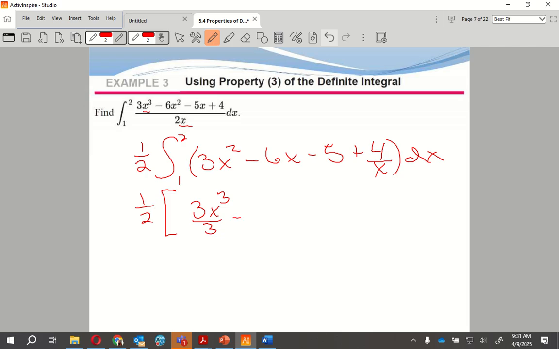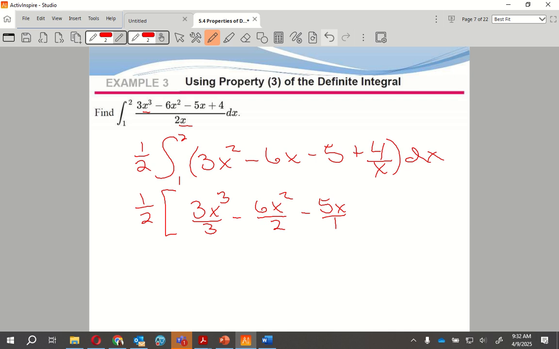Minus 6x to the second, divided by 2. Next one is going to be 5 divided by 1. And then 4 divided by x.